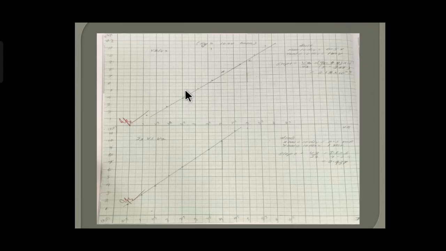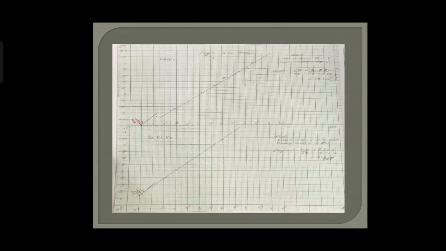For that, we plot a graph between Vx and Vz, and we get a straight line, the slope of which is taken, that is Vz by Vx. A similar graph is plotted for different magnetic fields.